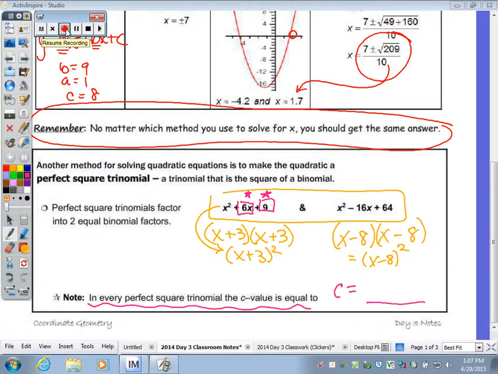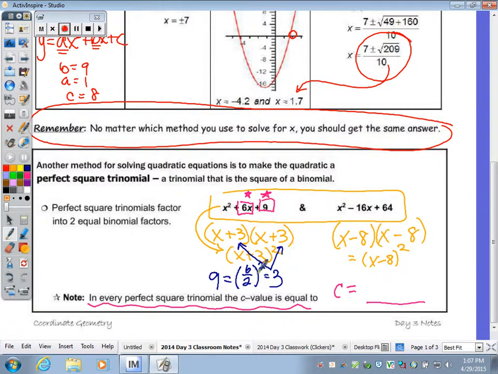Yep. So in both, if you take a look at the c value, in this case c is 9, and 9 is equivalent to half of 6 squared. Half of 6 is 3. And note, your 3 is what you're putting into each of your binomials that are the same.